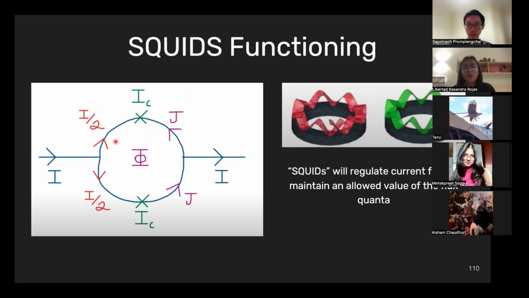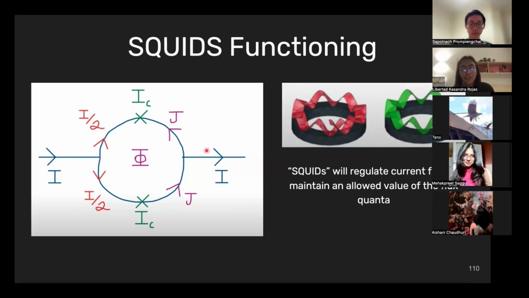So what the SQUIDs do is regulate the current in this loop such that you are able to maintain a flux quantum, something that doesn't have a phase mismatch. You want something that is in phase. I'm circling this because I think it's a really good way to see it. We want to maintain something in units of a flux quantum. So what is actually changing inside the SQUIDs is the current.